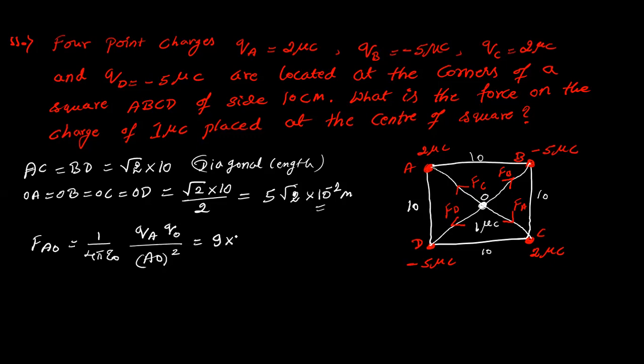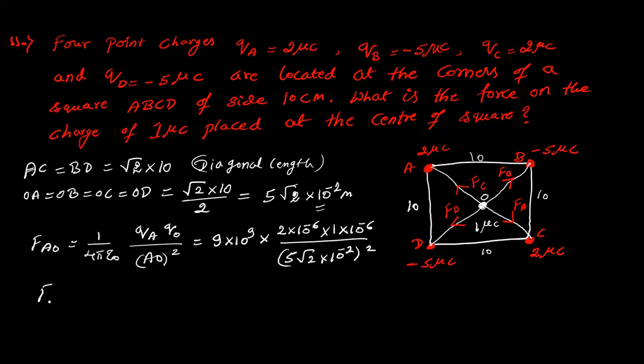It is 9 into 10 power 9 into QA, 2 microcoulomb, into QO, 1 microcoulomb, whole divided by OA, that is 5 root 2 into 10 power minus 2, the whole square.